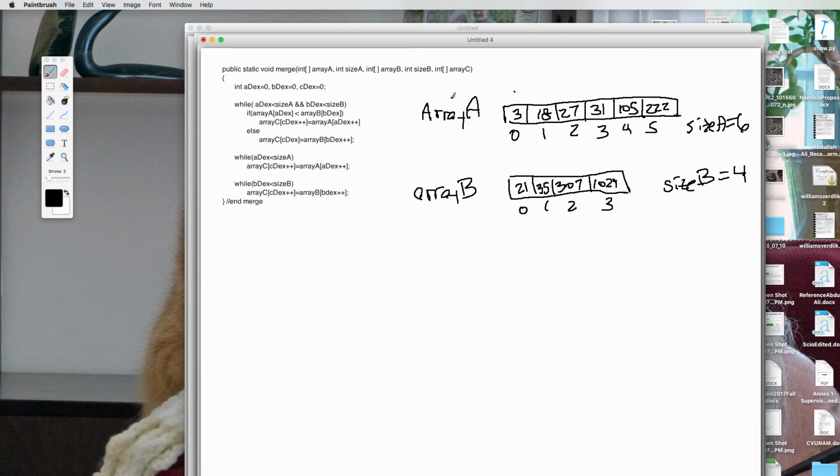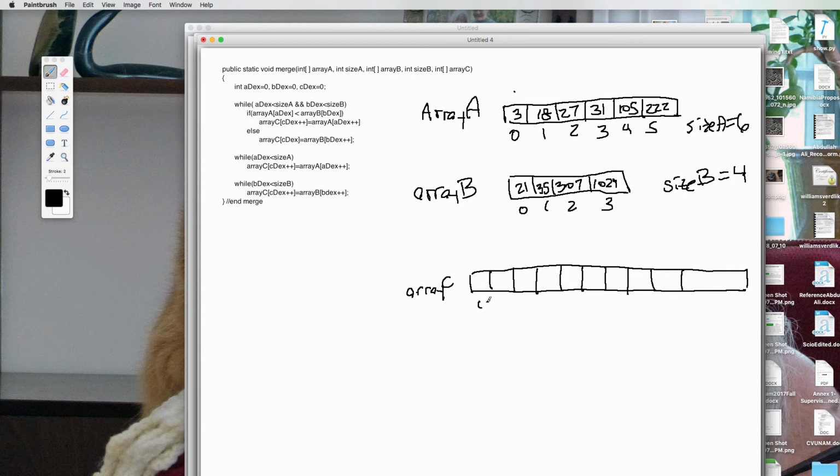So we're assuming that the array C is big enough to hold arrays A and B. So it's got to have 6 plus 4, which is 10, so indexes 0 through 9. Like that.